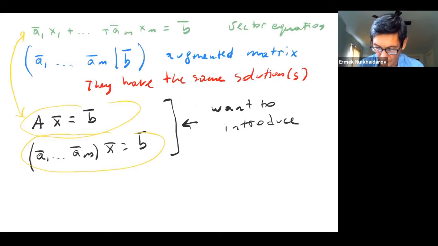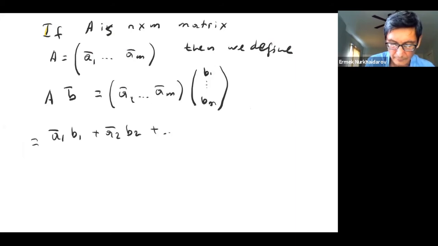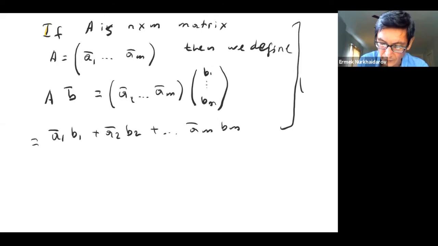So it's going to be equal to a1 times the first entry plus a2 times the second entry plus am times the mth entry. So you have to be careful which are vectors and which are not vectors. That's how we define it. Okay, that's our definition.